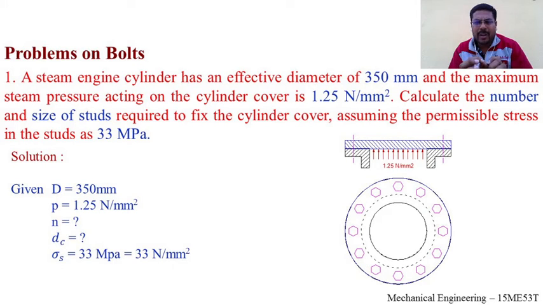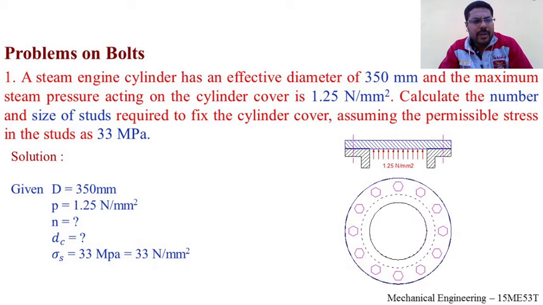The steam engine cylinder has an effective diameter of 350 mm, and the maximum pressure acting on the cylinder, as you observe in the sketch, is 1.25 Newton per mm square on the cylinder head cover.